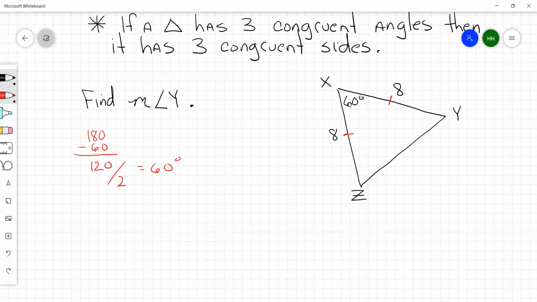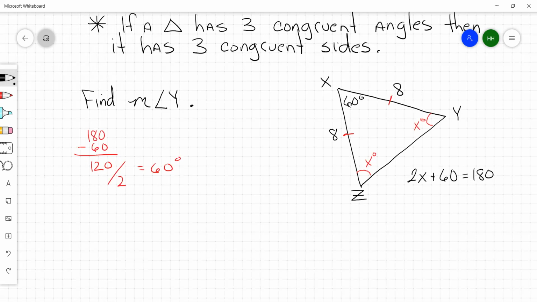Some people say, well, angle Z has to be the same as angle Y. So let me put a variable there. And since the angles are the same, the variables are the same. And I'm going to write an equation. I'm going to say that x plus x, which is 2x, plus 60 has to equal 180.